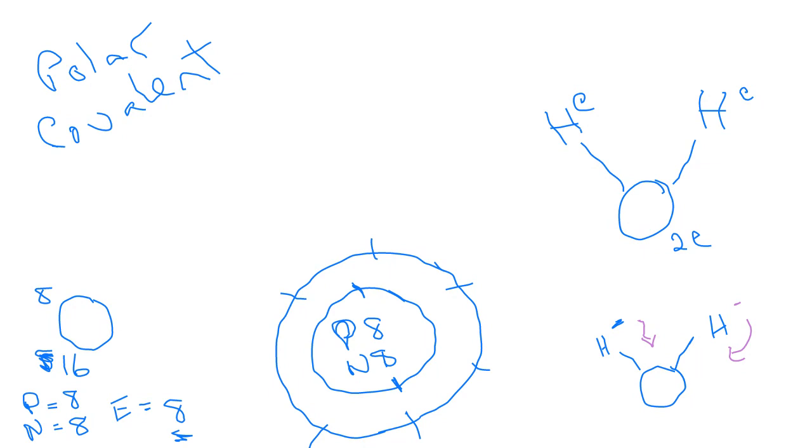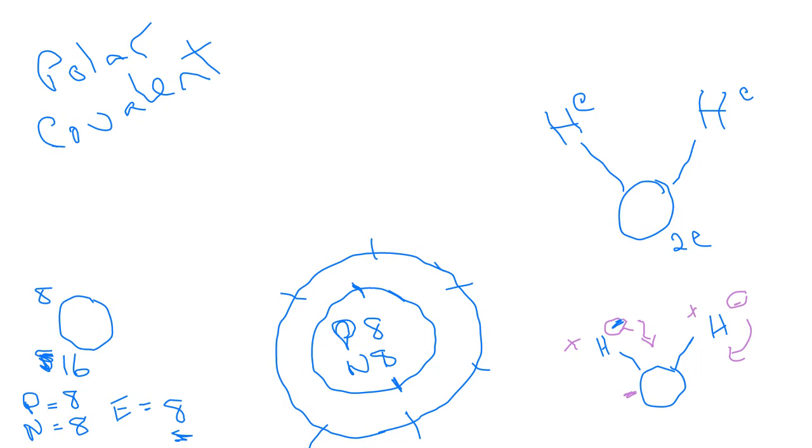Instead, it makes hydrogen have a slightly positive charge. Hydrogen becomes slightly positive because its electron is being pulled. And then the oxygen will end up with a slightly negative charge because it's receiving the electrons closer to it.